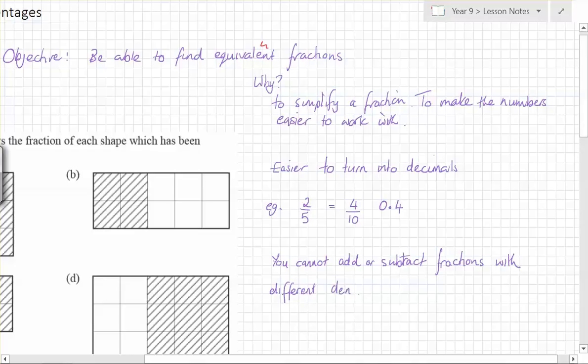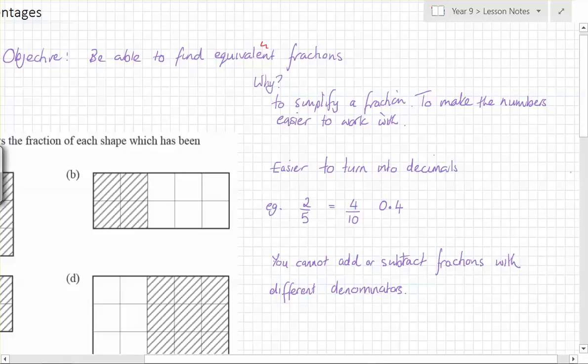So you have to be able to find fractions that are the same as what they were, but with the denominators the same for the two fractions you're trying to add together. So all three are good reasons to know how to do equivalent fractions. It's a tool. It's something you should know how to do.